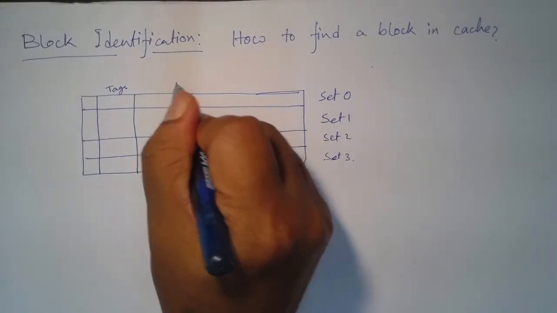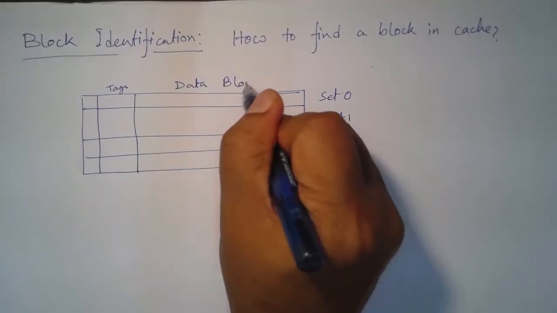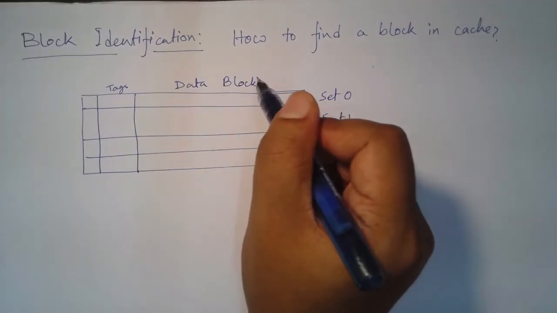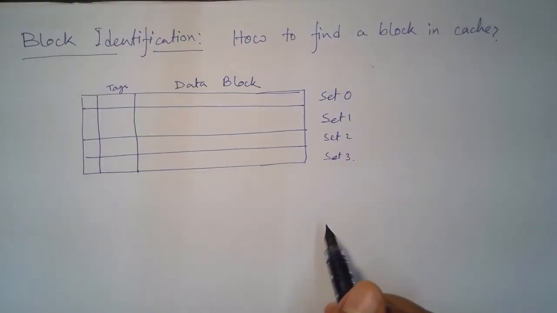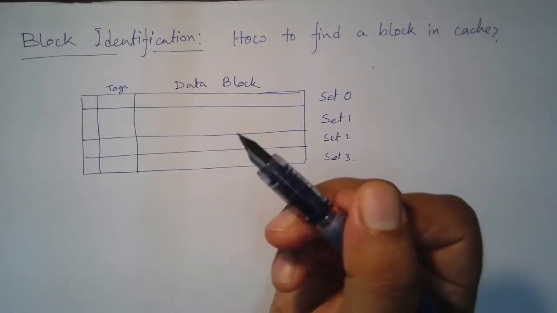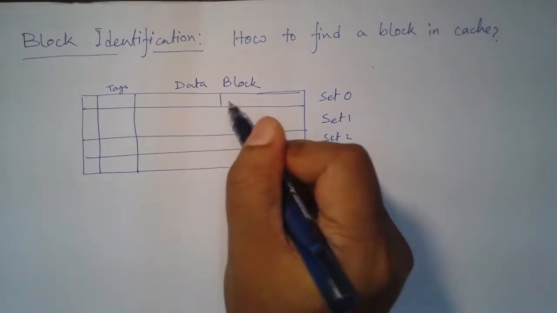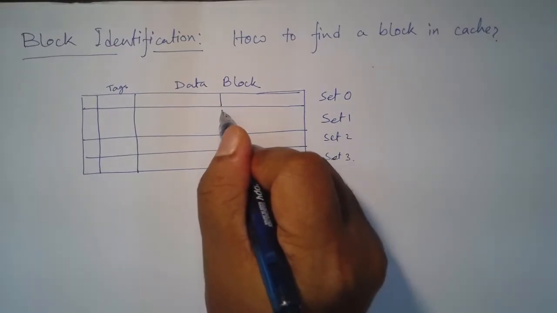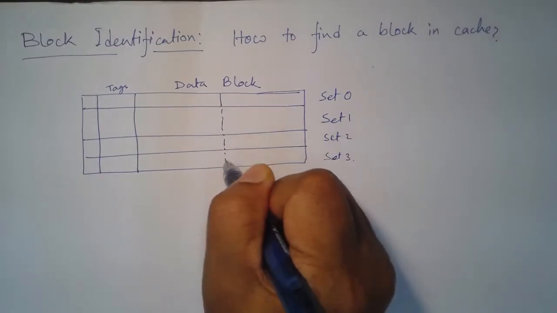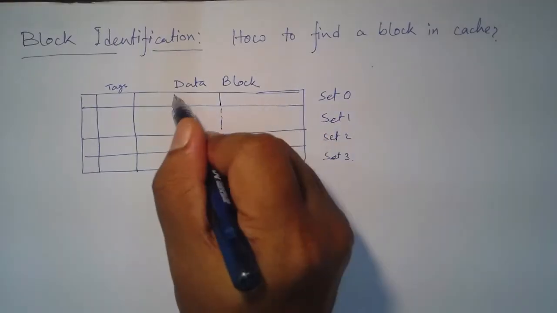So this is your data blocks. Now let us say each block can contain 8 bytes of data. So each block will have 8 bytes.